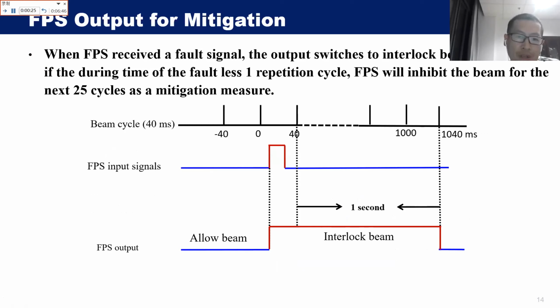When the FPS receives this signal, the output turns to the interlock beam state. This is the high level state, lasting at least 1 second, and these cycles can be configured online. Usually we set 1 second. After 1 second, the output goes back to the low level state, and the beam can be extracted from the ion source.